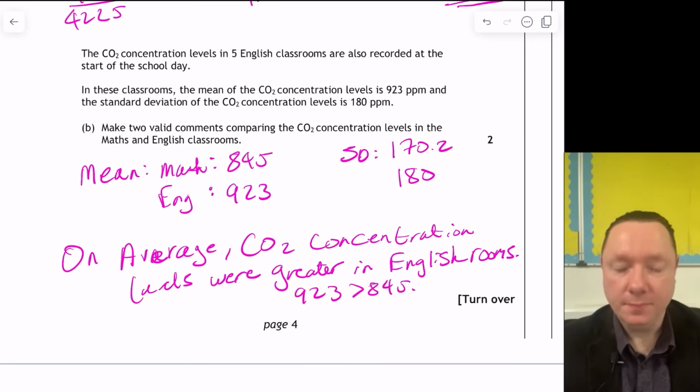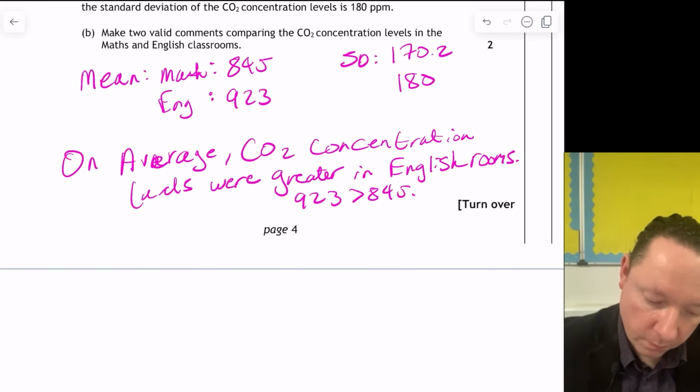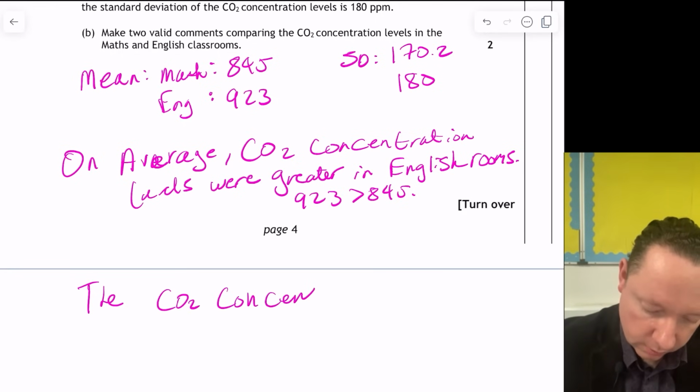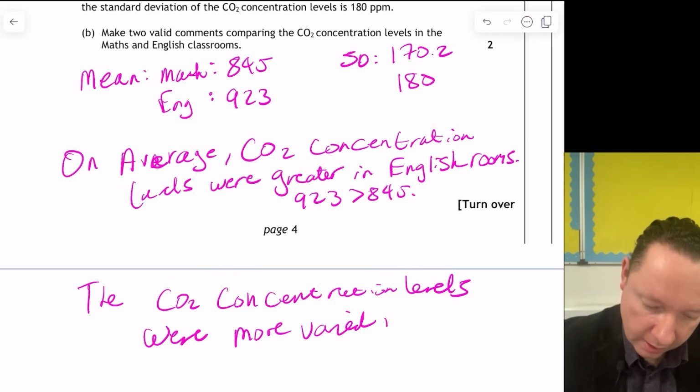Okay, next statement. Standard deviation is about variation. So the CO2 concentration levels were, and I always like, more varied in, and again, English classrooms.